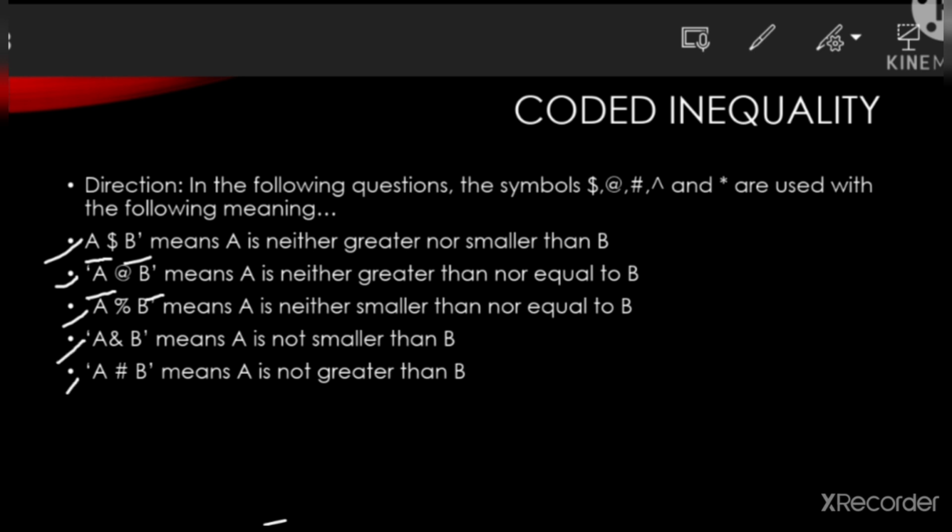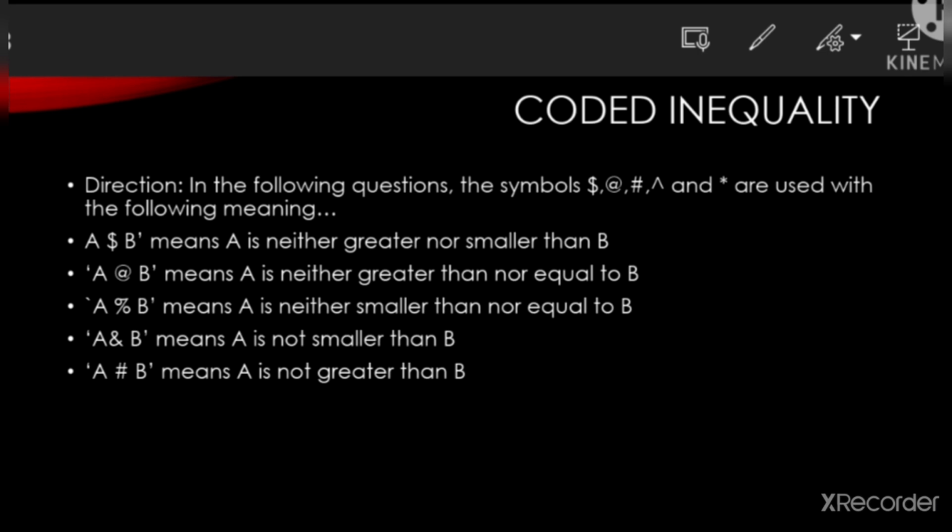So different kinds of symbols are denoted with these two entities, and this expression is followed by a certain proposition or inference such as A is neither greater than nor smaller than. So these inferences follow these entities. Fine. So this whole concept is called coded inequality.